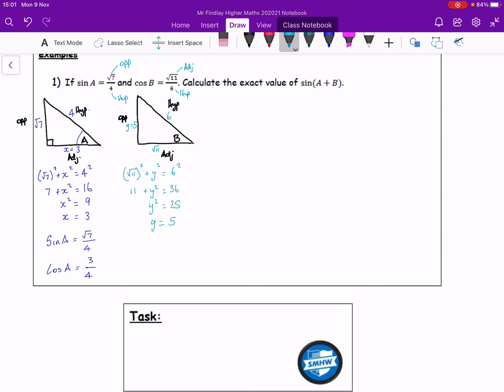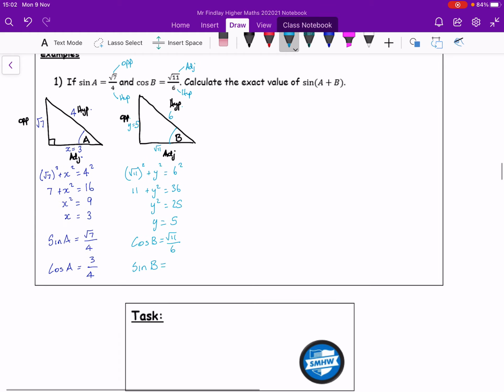So once again, we have our 3 sides of a triangle, and if we're given cos B, which is root 11 over 6, we can therefore work out sine of B. And from B, we have our opposite over hypotenuse, which is 5 over 6.